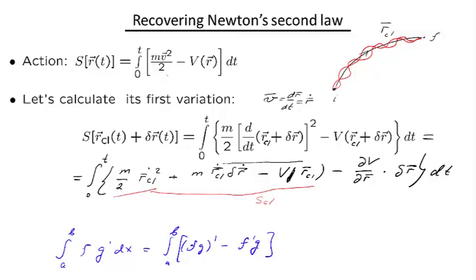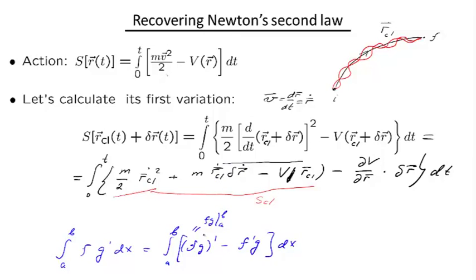So here I have the full derivative, and I can calculate the value of the functions at the limits, and essentially move the derivative from the function g to the function f. In our case, the role of the function g is played by this dr dot, and the role of the function f is played by this m r dot. So we want to move the derivative over time from here to here.